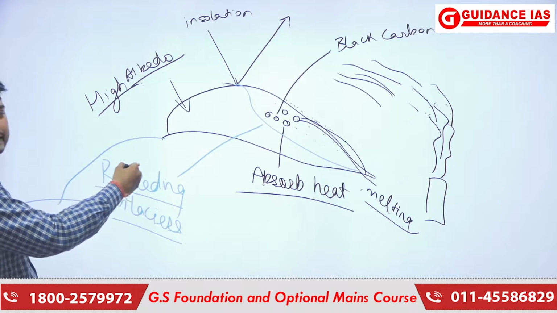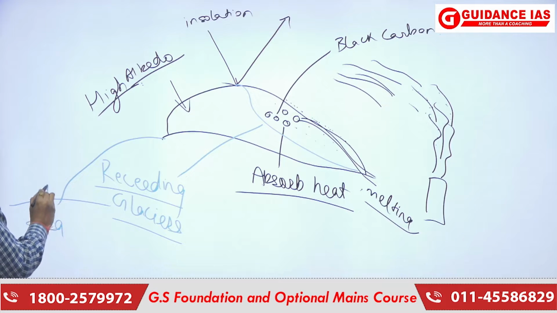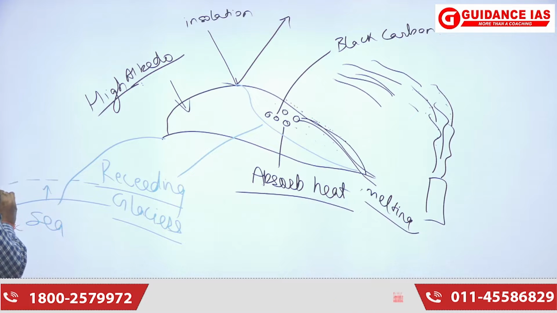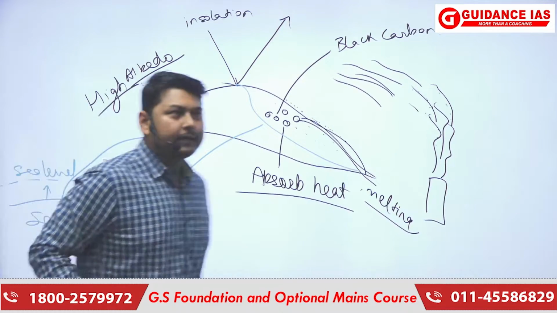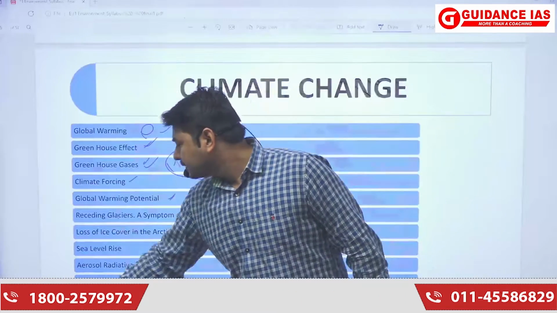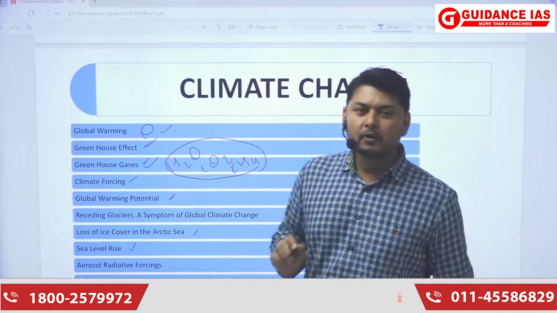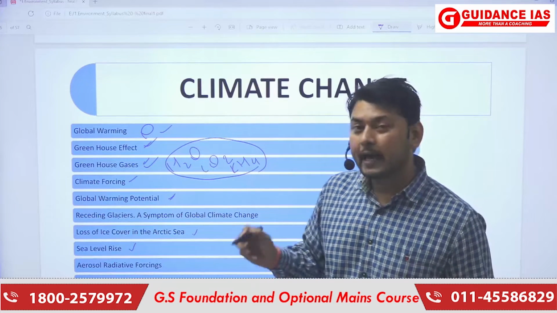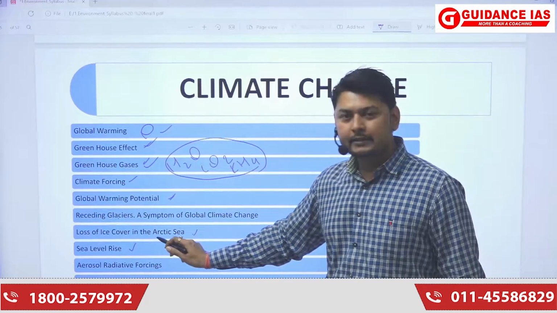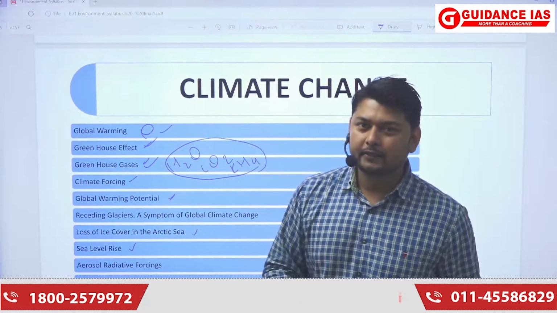It will go into the sea. This water coming out of glaciers will lead to a rise in the sea level. So it is a consequence. Sea level rise is the consequence of the melting of glaciers or ice sheets from the Arctic region or the Antarctic region.